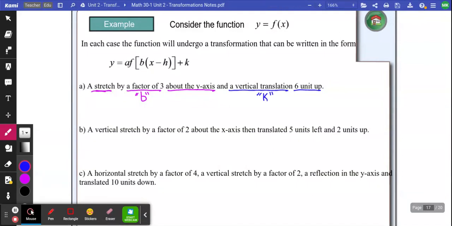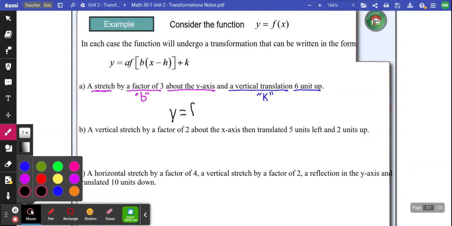Now let's actually try to write it into an equation. There's no a, there's no h. So it should look like this. Y equals f, there's no a value. There is a b value here. We multiplied by a factor of 3.